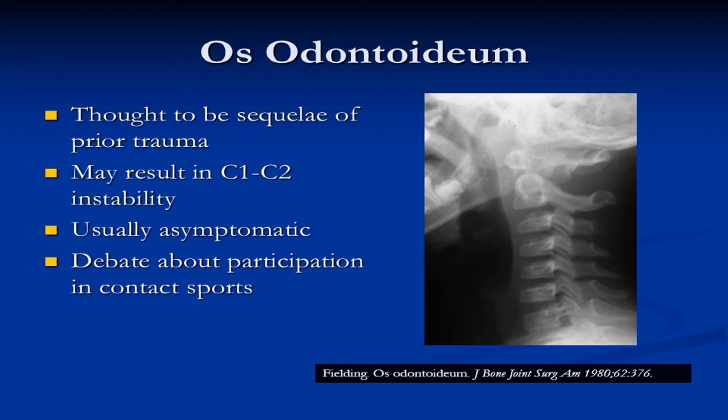One generally recommends at least 12 weeks of immobilization to prevent a recurrence. Os odontoideum, again, the exact etiology is debatable, but it could result in C1, C2 instability. It's usually asymptomatic, and there is a debate about participation in contact sports in those having this.